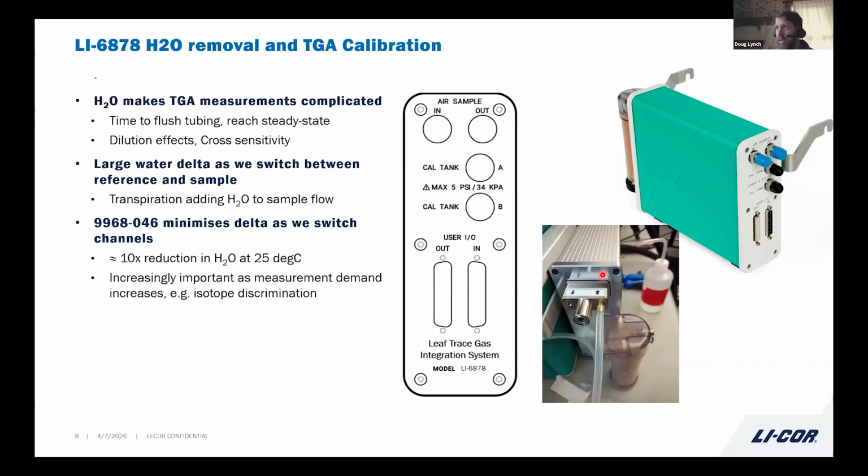And that's because, again, we're sampling from both the reference air and the sample air. And due to the addition of water vapor via transpiration, those two airstreams have very different water vapor concentrations. And that causes issues in the TGA measurement. So we want to remove that water differential, and that's how we're doing so, by running it through that drying portion.